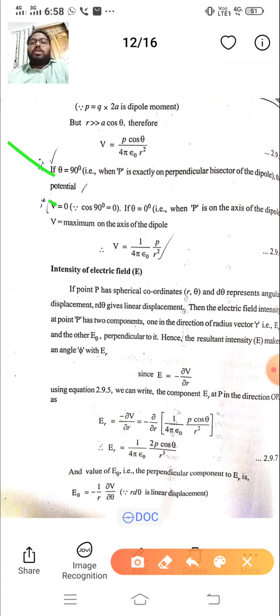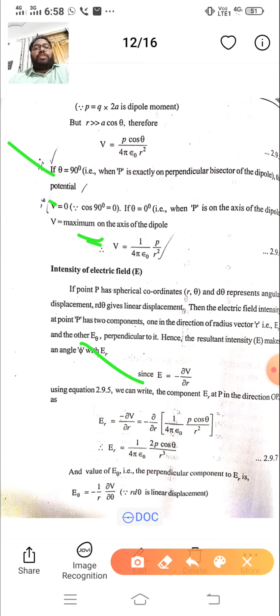On the perpendicular axis, theta equals 90 degrees, V equals 0. If theta equals 0, along the axis of the dipole, the potential is maximum: V equals 1 by 4 pi epsilon naught into P by r square.